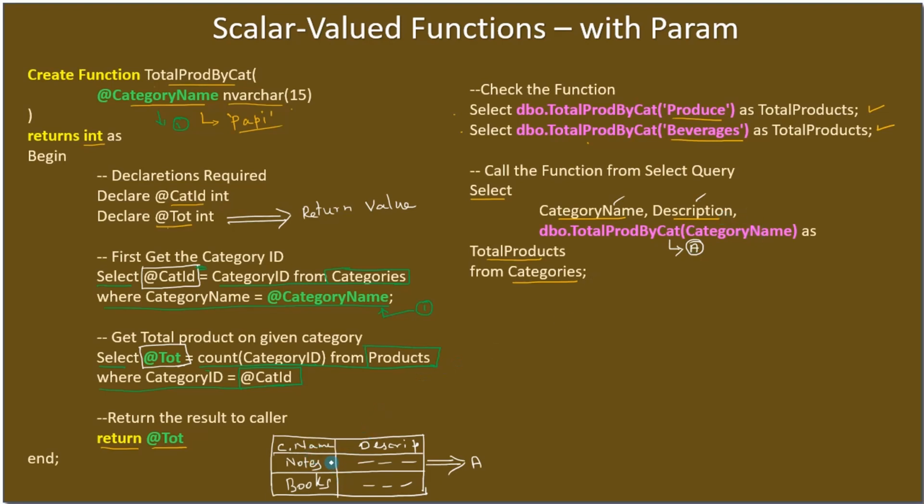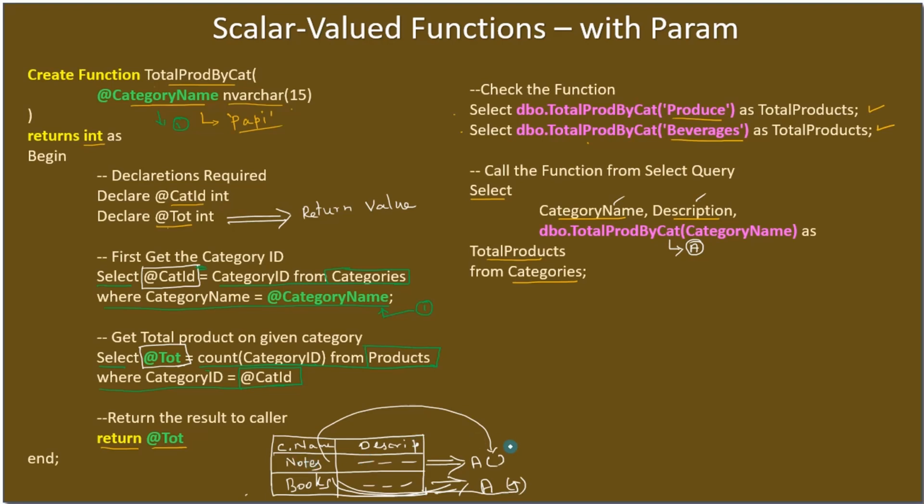So this is the category name, right? This category name is passed to the function, and we know what it will do. It will calculate the total number of products by querying the product table. Similarly, for this one, it will again make a call to the function a by supplying books.